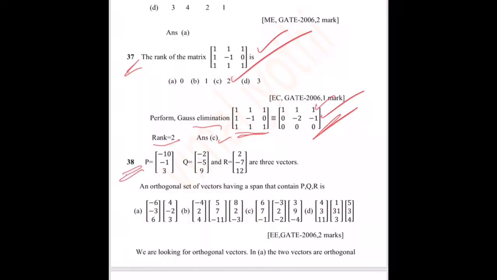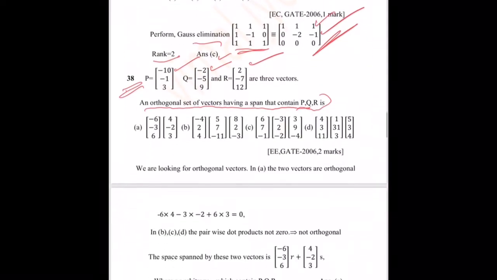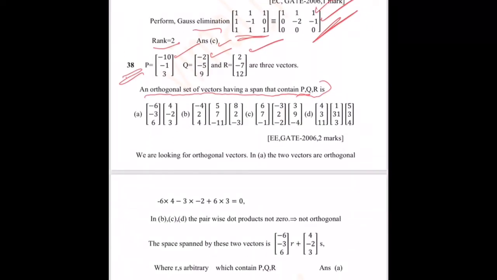Then problem number 38. P equal to this, Q equal to this, R equal to this are 3 vectors. We need an orthogonal set of vectors having a span that contains P, Q, R. That is, we have to find the orthogonal vectors which span P, Q, R. For orthogonal vectors, the dot product is 0.